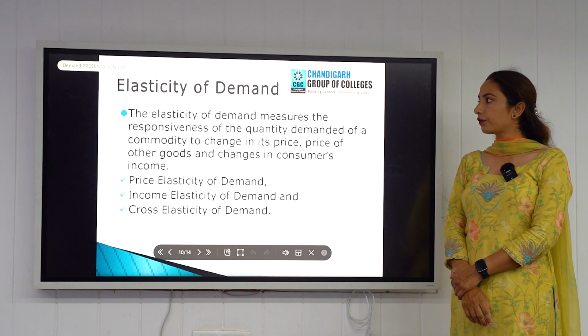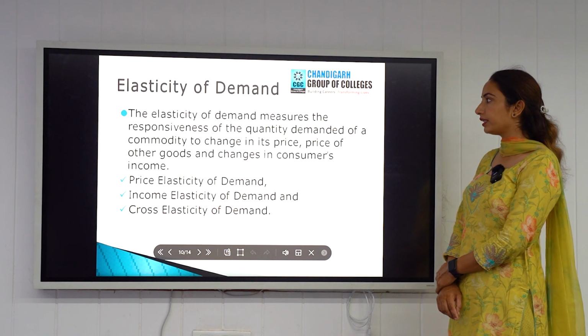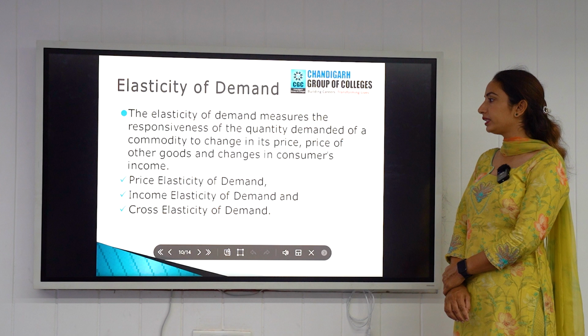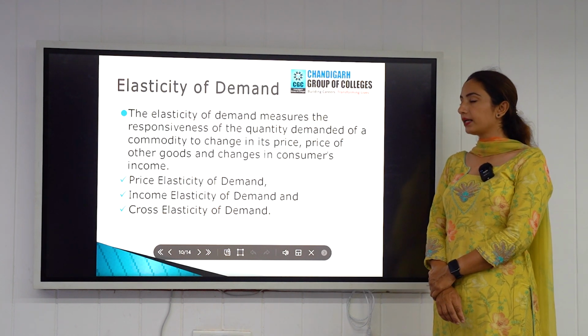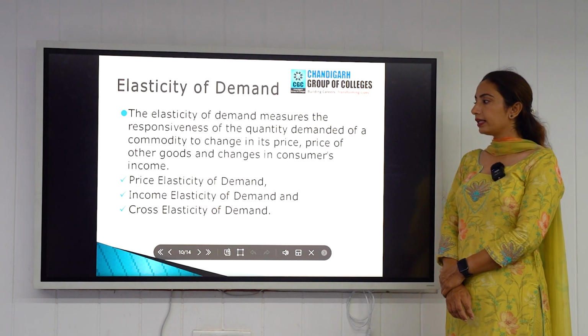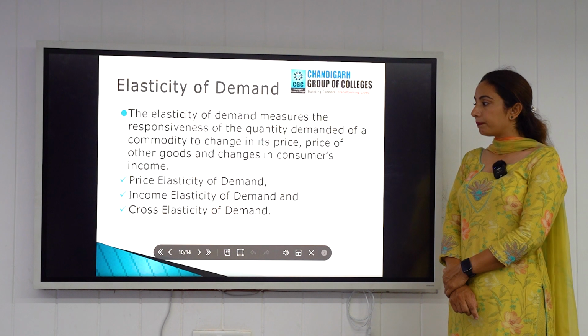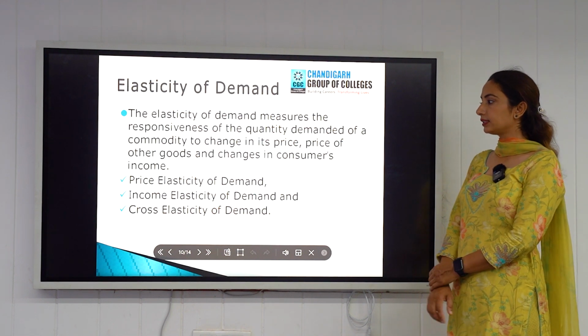Then elasticity of demand will help to measure the responsiveness of quantity demanded along with the price of goods and services, which means the relationship of demand with certain factors. There are three mainly: price elasticity, income elasticity, and cross elasticity.